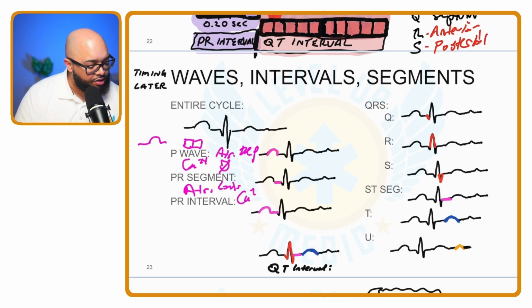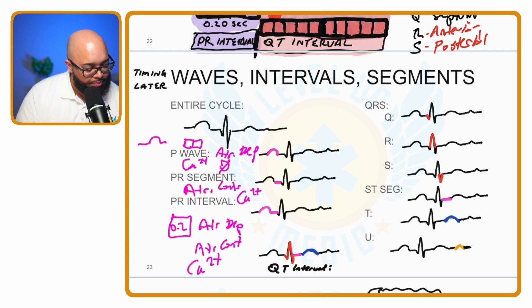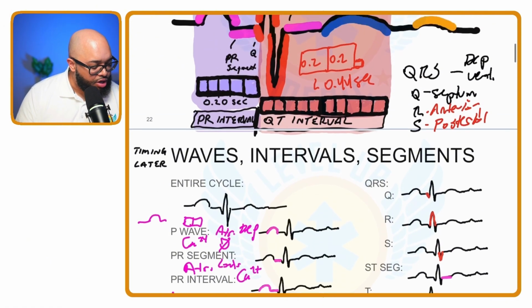Electrolyte is calcium. The PR interval should take place within 1 big box worth of time or less than 0.2 seconds. PR interval represents atrial depolarization and atrial contraction. Electrolyte, calcium. All right? Let's go to QRS.